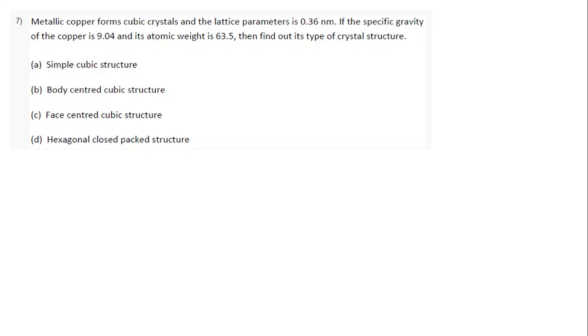Okay, next question. Metallic copper forms a cubic crystal and the lattice parameter is 0.36 nanometer. The specific gravity of copper, specific gravity means relative density, when we take it relative to water, so here you can take it as density.